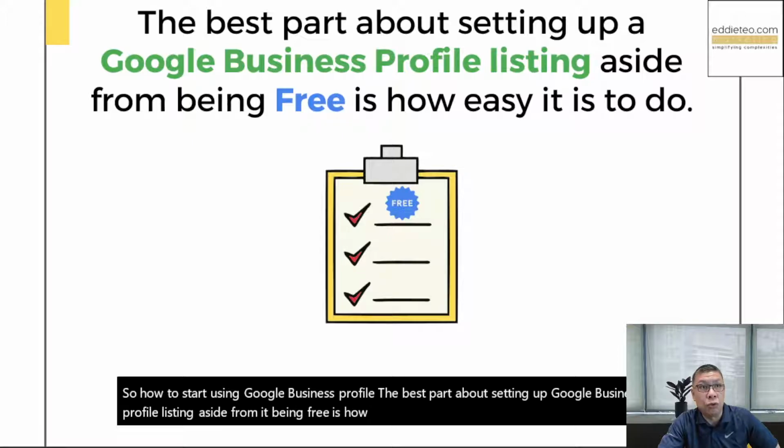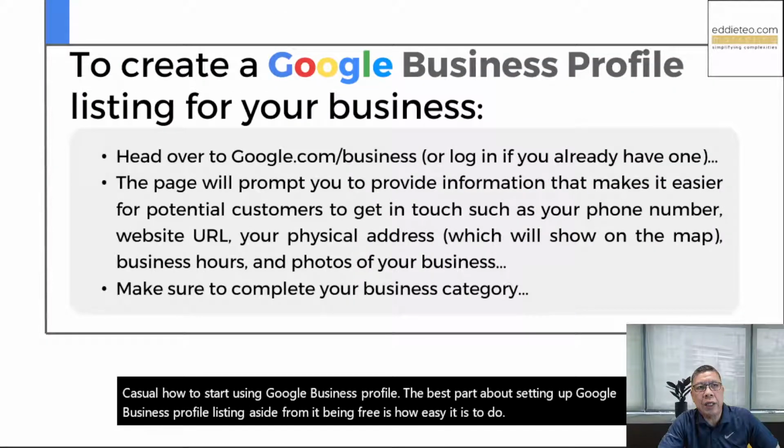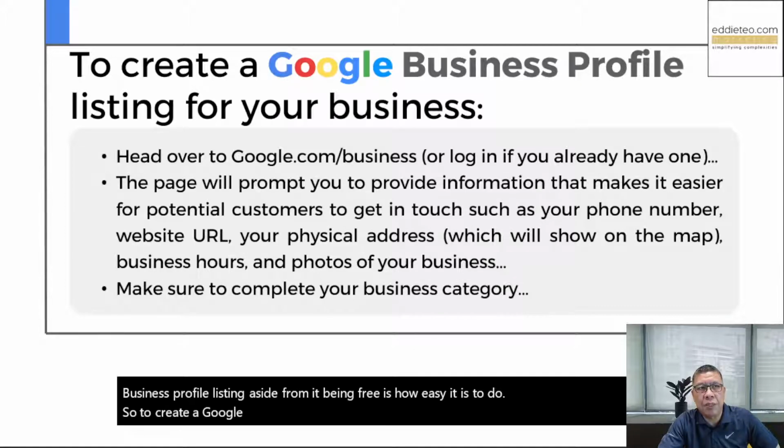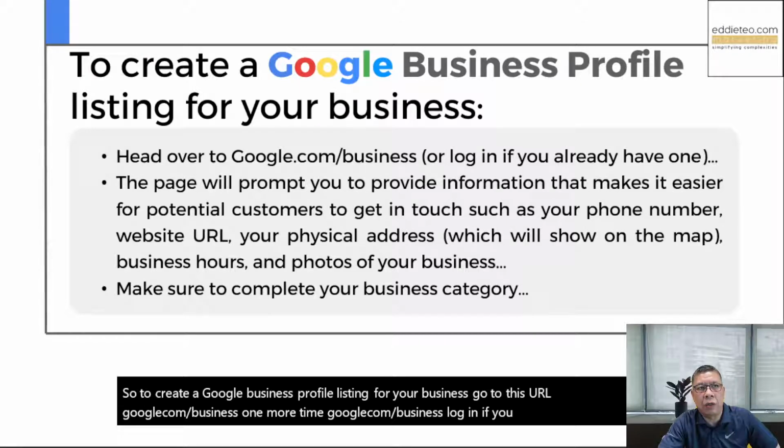Okay, so to create a Google business profile listing for your business, go to this URL, google.com/business. One more time, google.com/business. Log in if you already have a Google business profile.